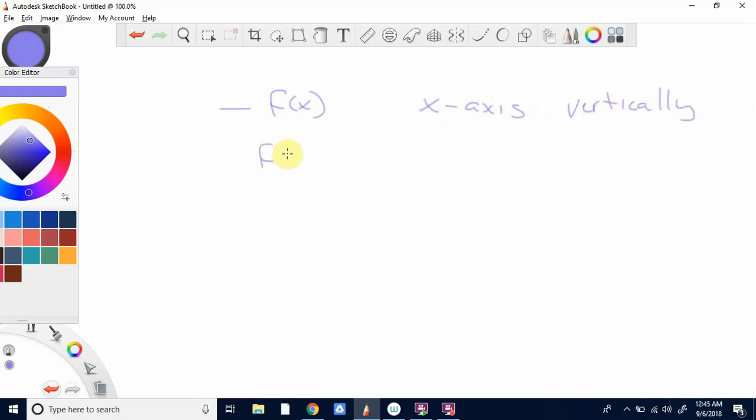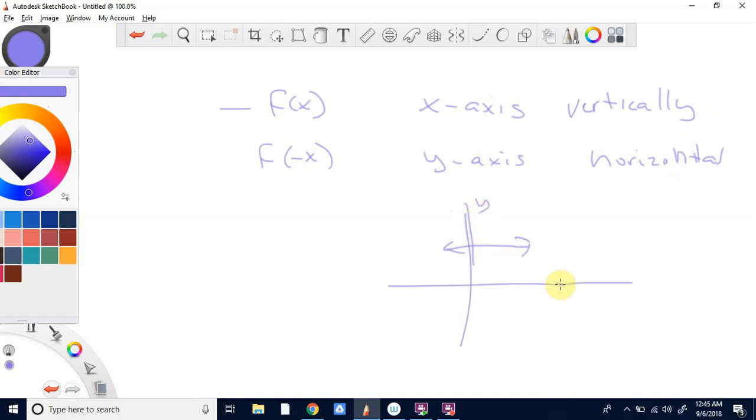And when you have f of negative x, then it flips over the y-axis, or it has a horizontal reflection. Because this is the y-axis, so if it flips horizontally, it's flipping over the y-axis.